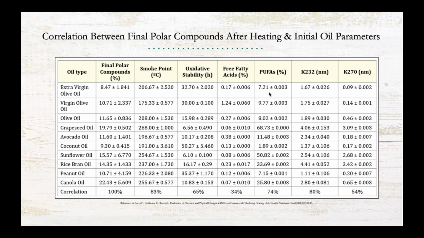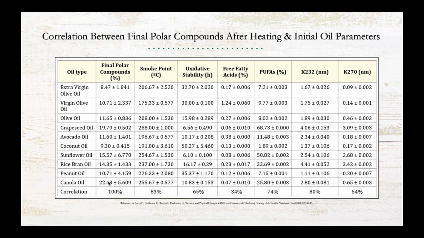206 degrees Celsius, and that's very hot in terms of Fahrenheit. Most people would never cook at that, but with extra virgin olive oil at high temperature, you can see you have the lowest amount of polar compounds, which is very beneficial to anybody consuming that oil. And as you go down to canola oil, you have the absolute most. That means it's the least protected when it's brought to higher temperatures.